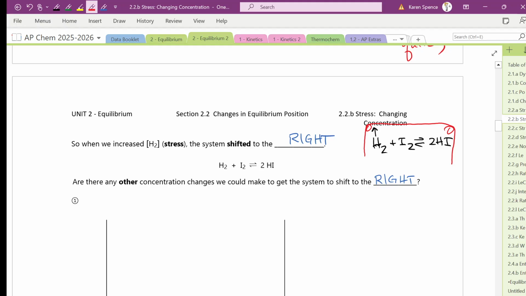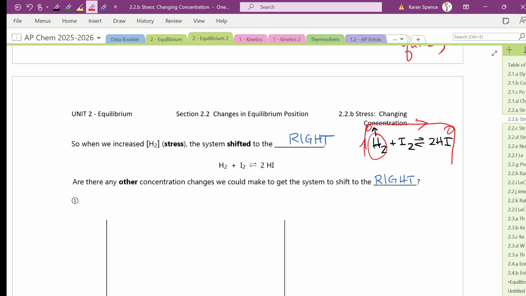Now, if this side is going up, which way does the top part of the chain move? To the right. So if I increase something on the left, it's going to move to the right.